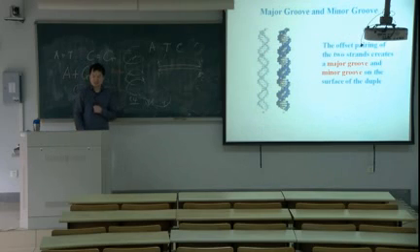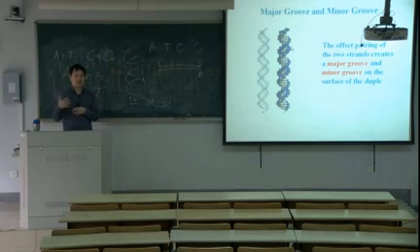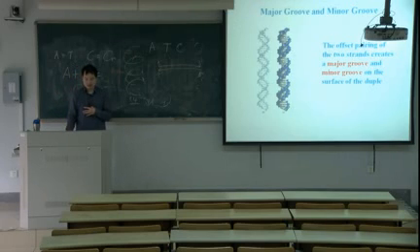And another thing in their model is that the two strands are not exactly symmetrical. The two strands are a little bit like this. So if you look at this graph, there is a place called the major groove, and a place called the minor groove.